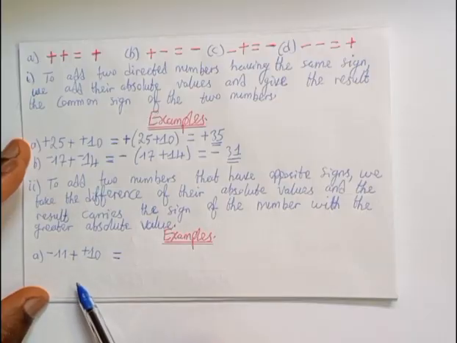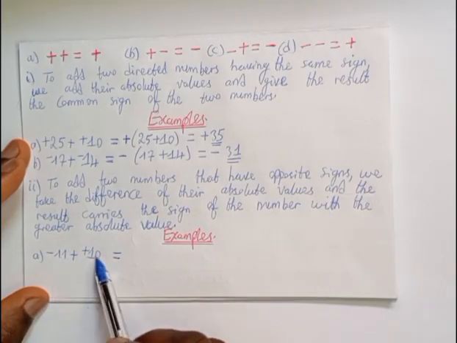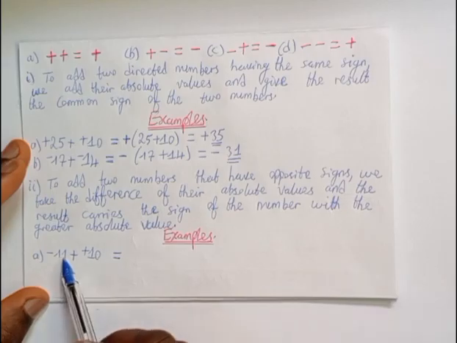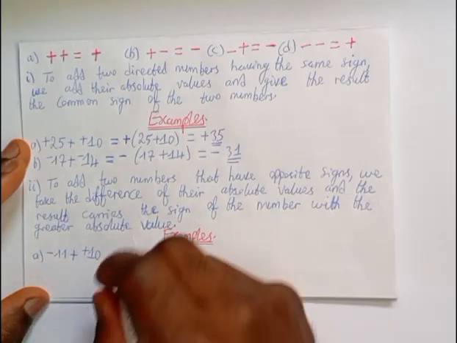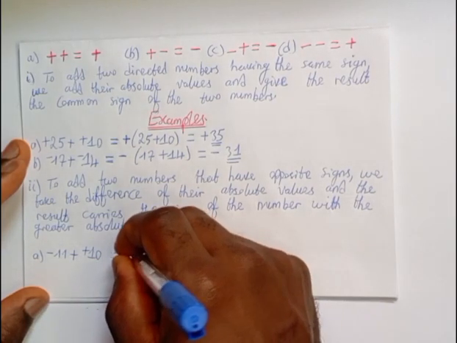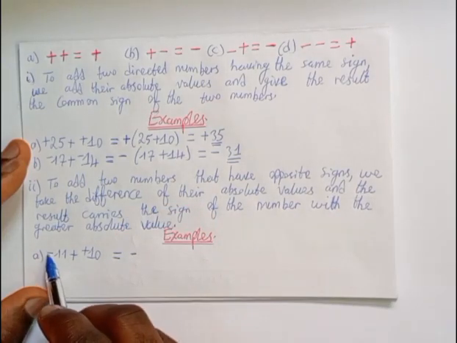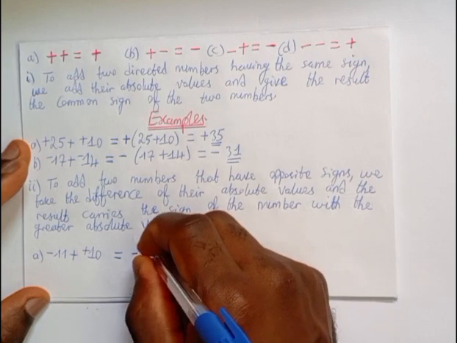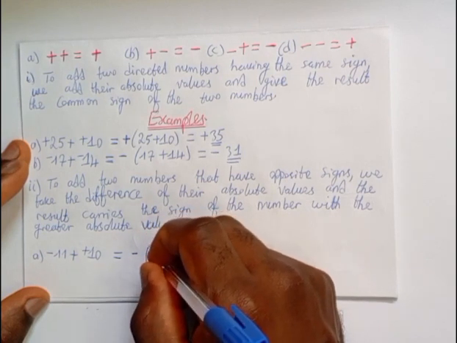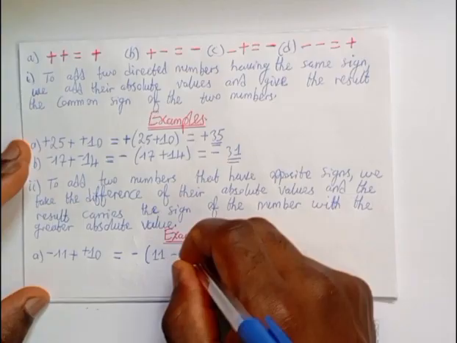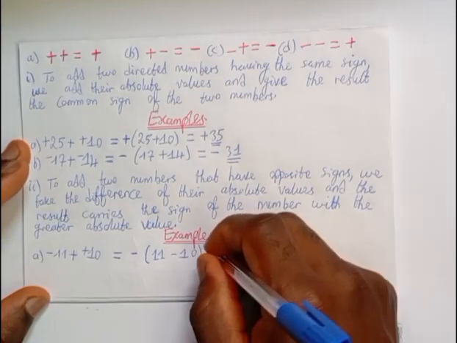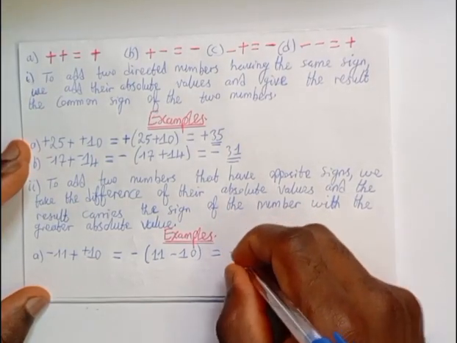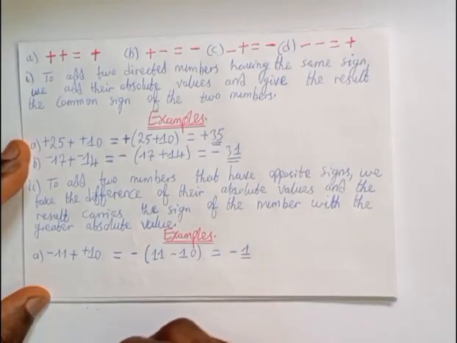If we take the absolute values, we are going to obtain 11 and 10. 11 is bigger than 10, so the result will carry the sign of 11, which is negative. Then we take the difference of the absolute values, 11 minus 10. And this will simply be equal to negative 1.